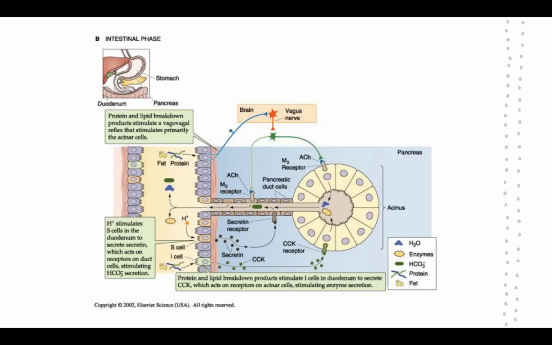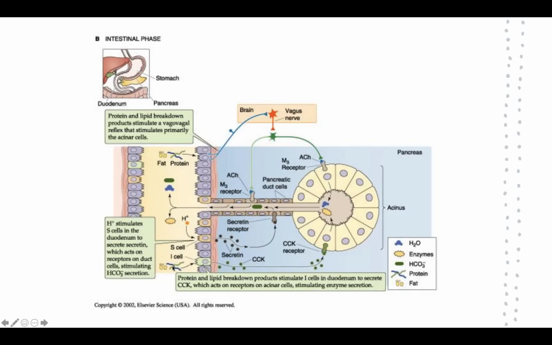It's a protective function of the pancreas, as we've mentioned. Then, because of that acidic content, it can activate S cells in our duodenum to release secretin. Secretin can then encourage more release of bicarbonate, so it neutralizes this acidic content in the gut.